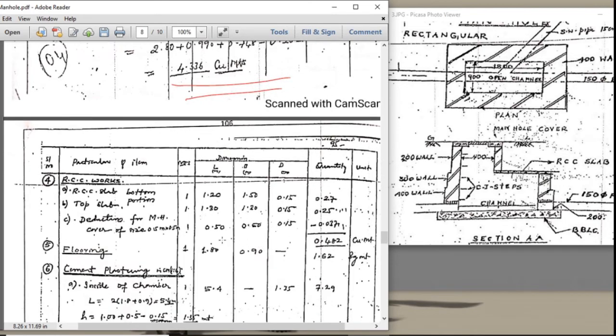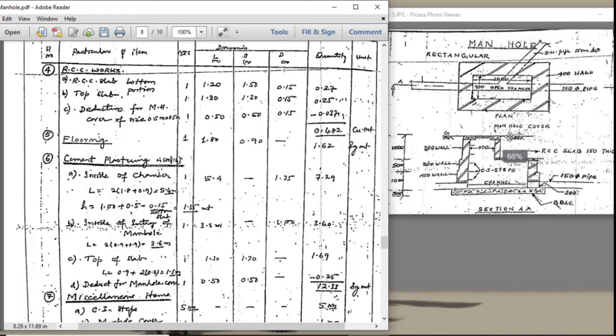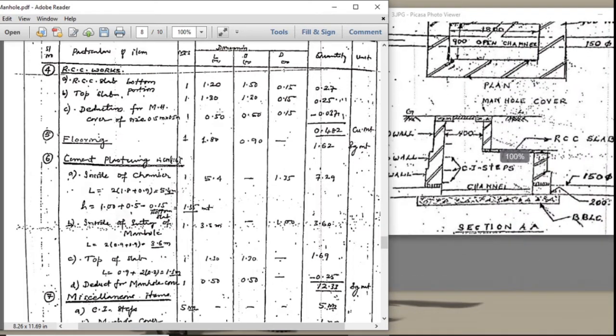Next, RCC work. So RCC slab bottom, here the bottom one. So we have one. The distance is 1.2, you remember the previous problem. Breadth is 1.5, 0.15 is the bearing, so 0.27 is the quantity.